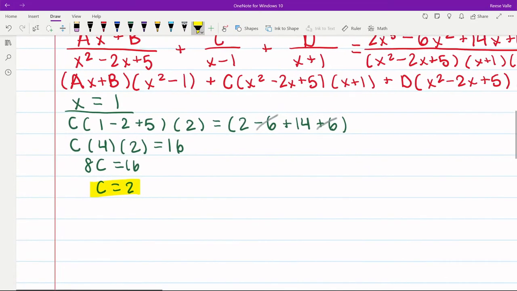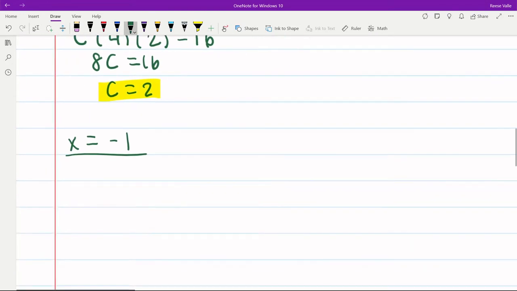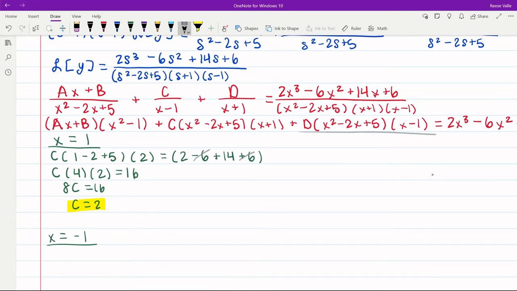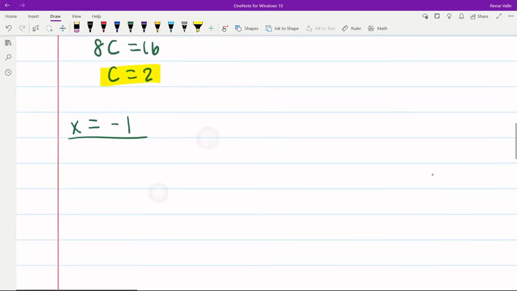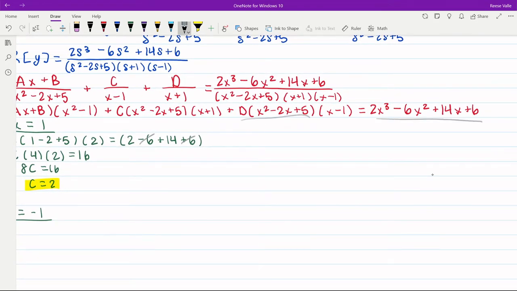And then similarly, we're going to plug in x equals -1. And so then that's just going to leave the d terms. Everything else is going to turn to 0. So then, besides the d term, and then the answer, obviously. So let's do that.